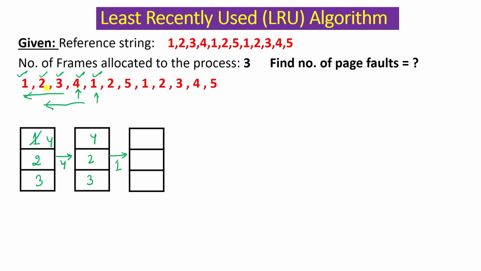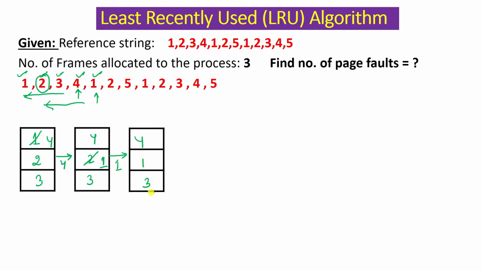So out of 4, 3, 2, you can see 2 is the page that was used in the past very much before 4 and 3. So 2 has been used the least in the recent past, and it is the candidate that should be replaced by 1. I replace 2 by 1 and my new content is 4, 1, 3.